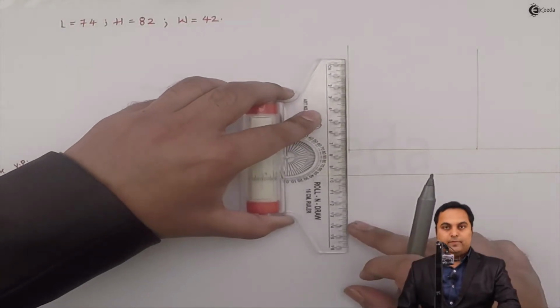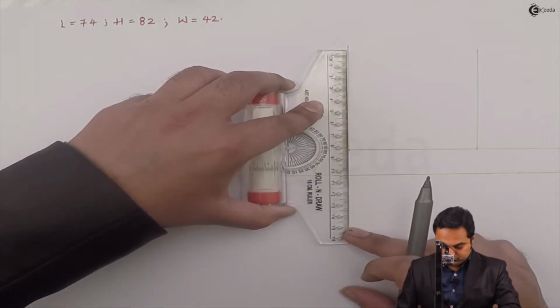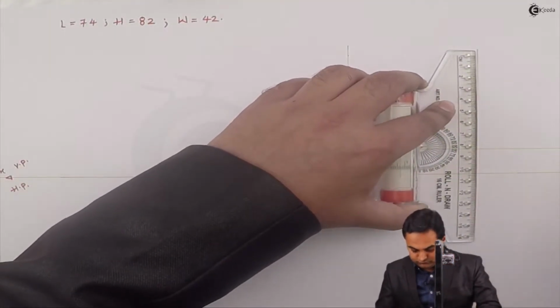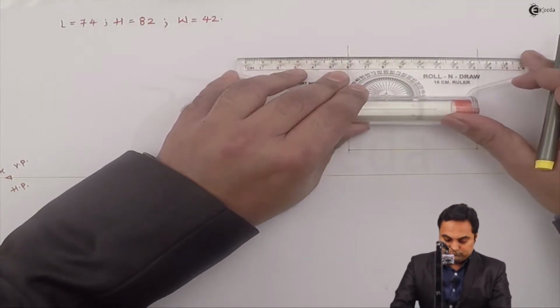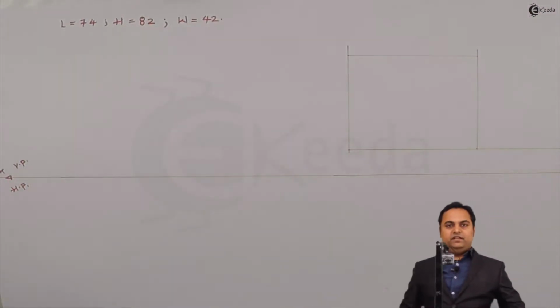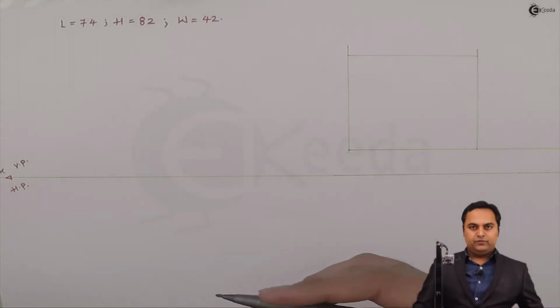Height is 82 mm. So this is the rectangle inside which I'm going to draw the front view.